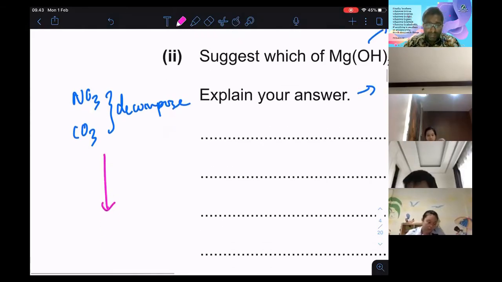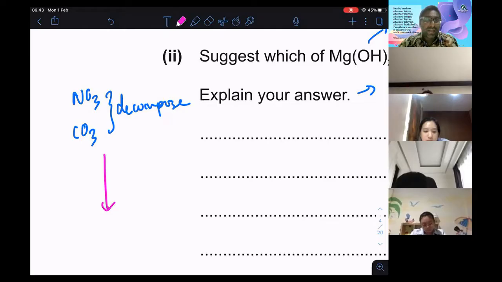Thermal stability depends on the polarizing power. This is only in your A2. The polarizing power comes from the positive ion. If the positive metal ion is small and has more charge, it means they have higher charge density. If they have higher charge density, they are able to attract the electron cloud, so we call it polarizing the anion.